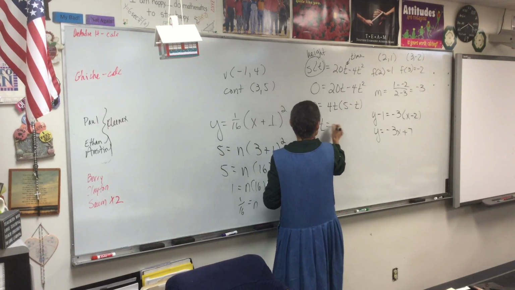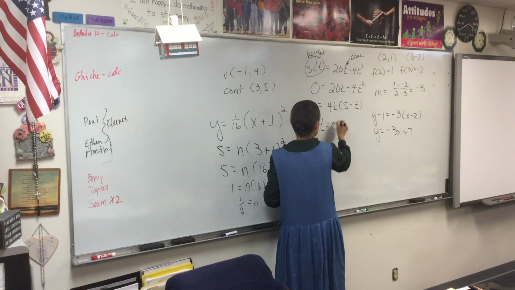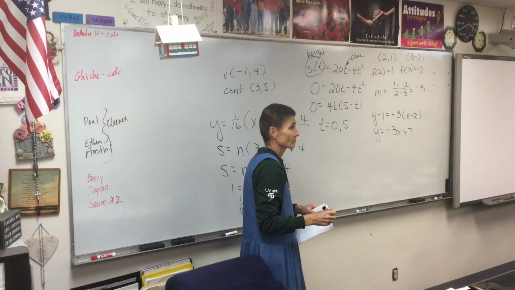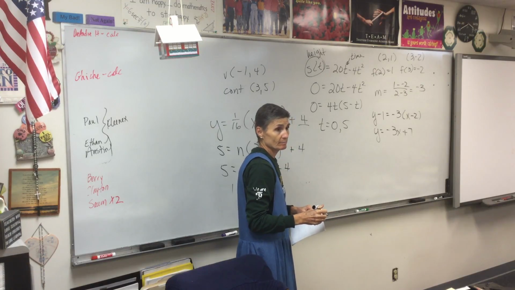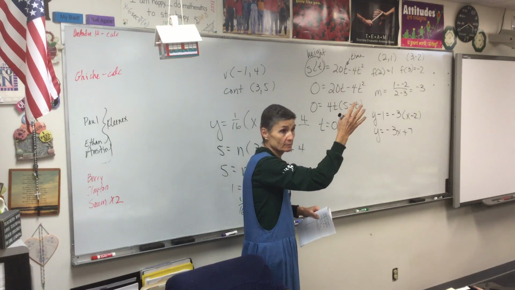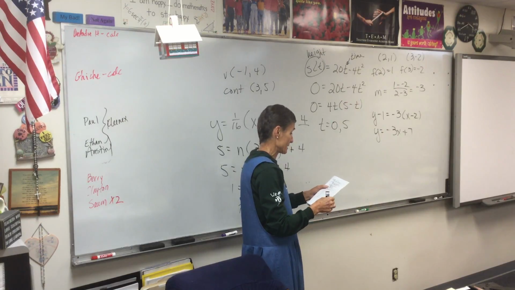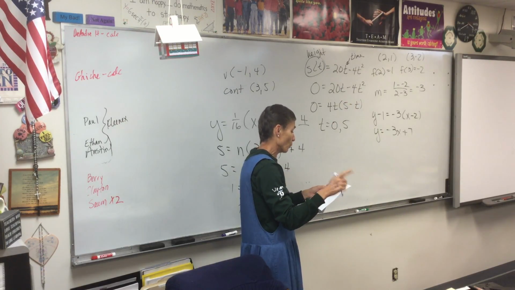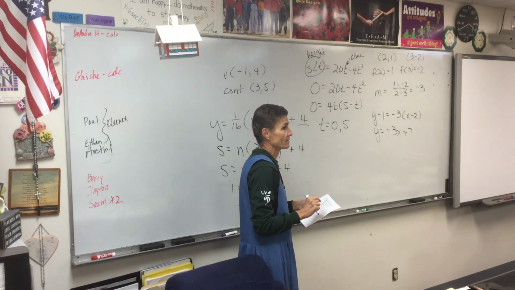So it's on the ground 2 times. It's on the ground at 0 and it's on the ground at 5. Does that make sense? On the ground when you threw it, and then it goes up and comes down and hits again. What is its highest point, and when does it reach its highest point?